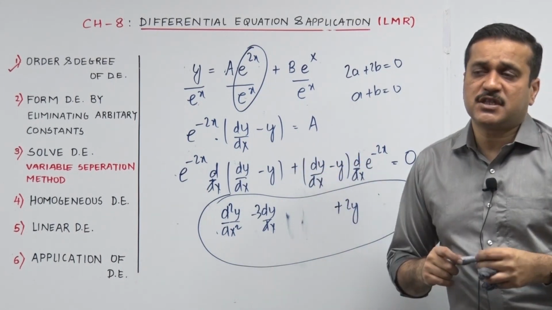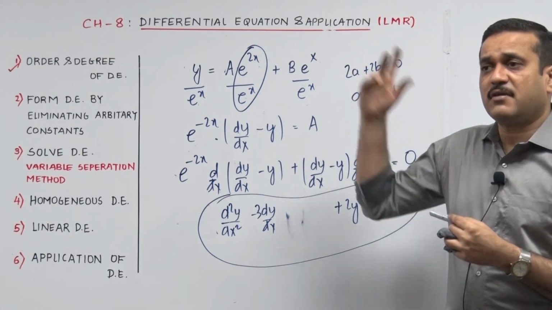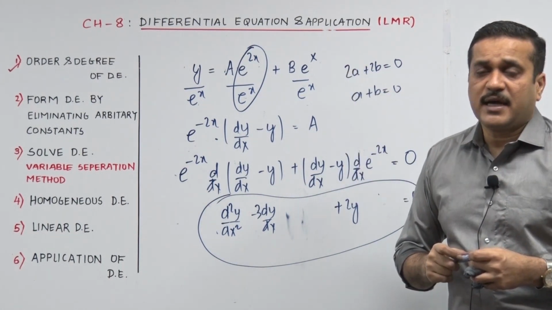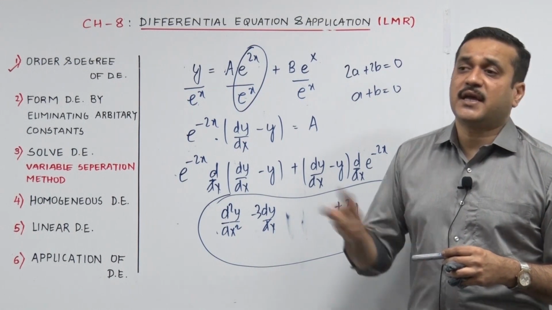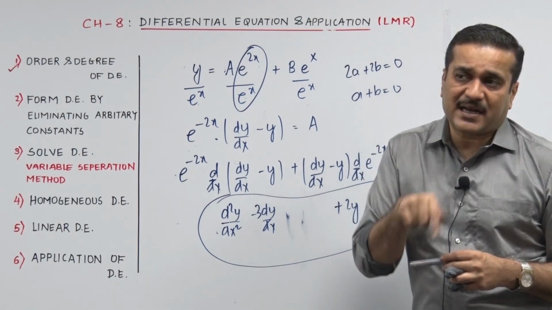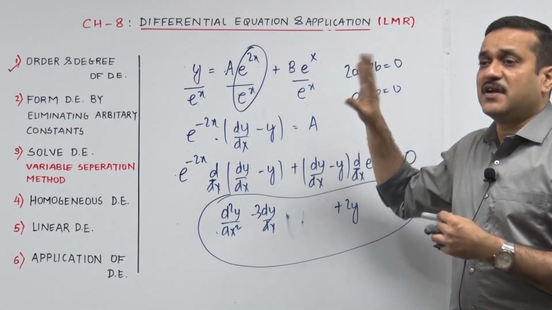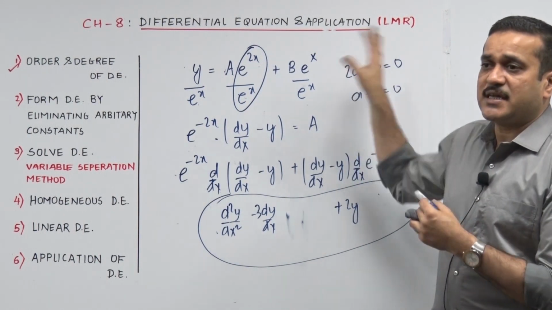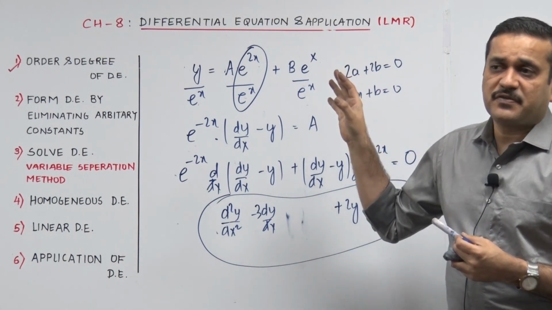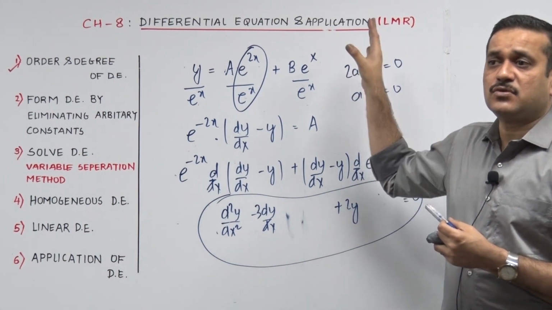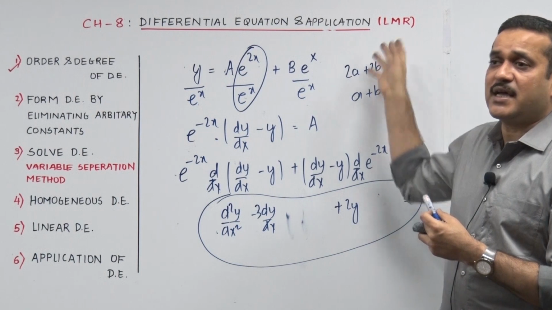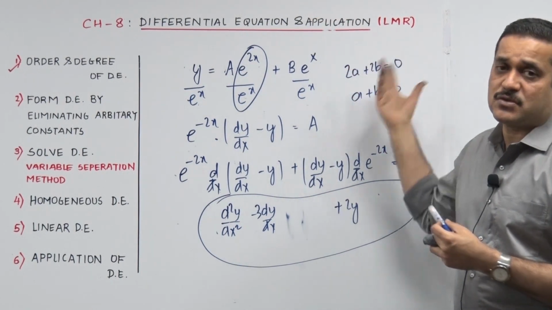Just simply differentiate 2 times, the y is going to come back once again, and thereby a and b will get eliminated automatically. You just differentiate 2 times. But when they are of different sizes, as in this case, I just removed that. If they are of different sizes, the y was a e raised to 2x plus b e raised to x. Now in one place it was e raised to 2x, in another place it was e raised to x.